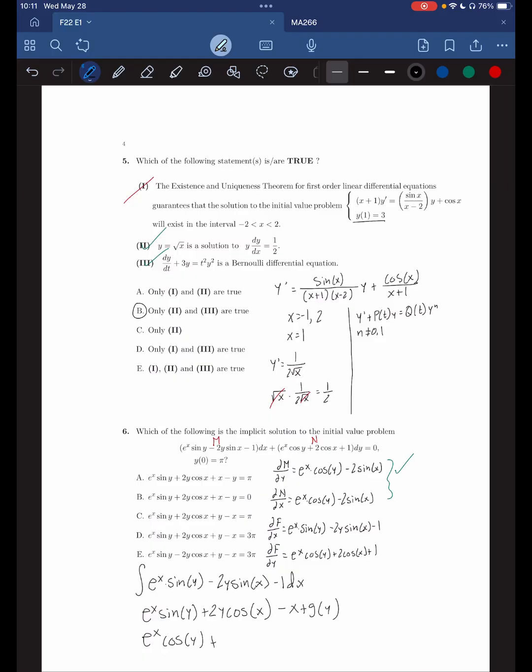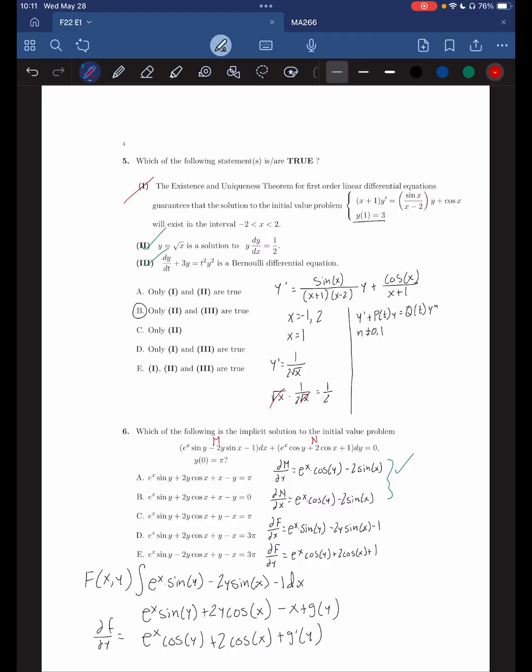So that gives us plus 2 cosine x minus x was obviously just 0 with respect to y plus g prime of y. Now, so again, this essentially is equal to f of x, y. This is equal to df dy, right?